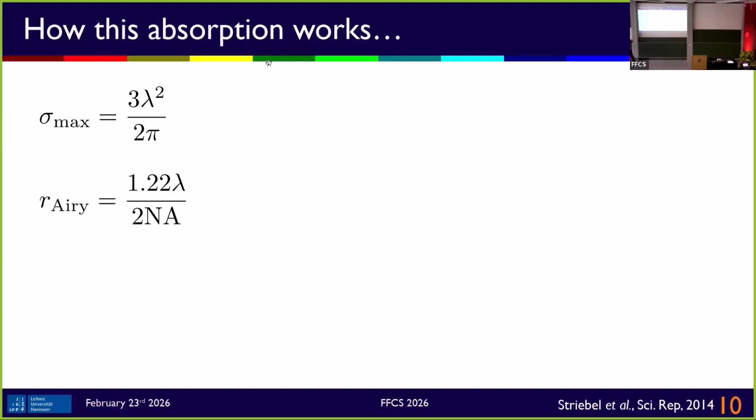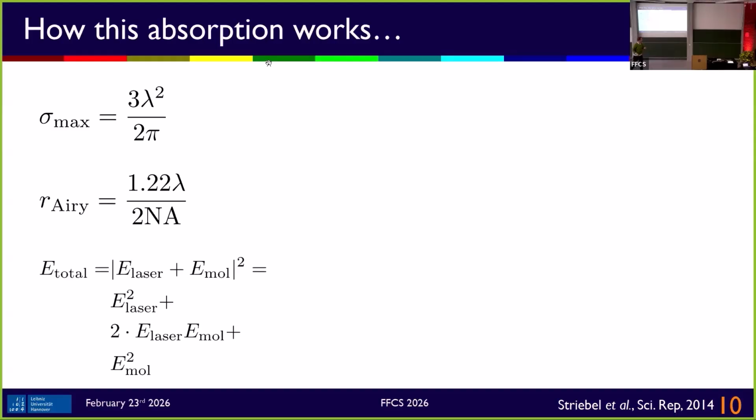My Airy disk, how well I can focus, is also in the same order of magnitude. So let's think about what happens when I want to suck a photon from one emitter into this molecule. I have to superimpose the fields. This is exactly what I do here: essentially |E_laser + E_molecule|^2.